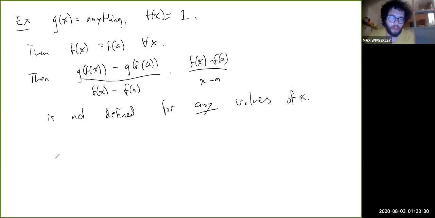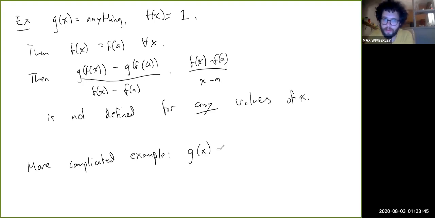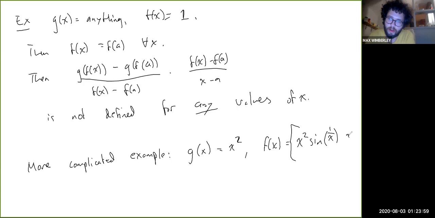There can be more complicated examples too. Something like g of x is, I don't know, x squared, and f of x is x squared sine of 1 over x for x not equal to 0, and 0 for x equal to 0, and a equals 0.